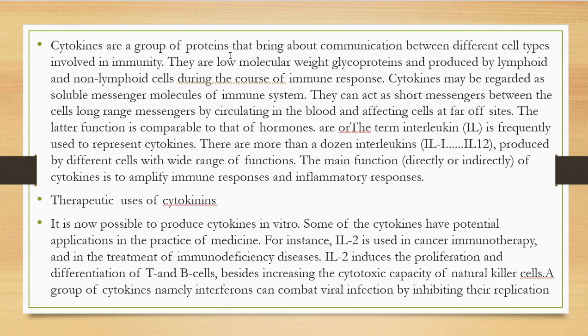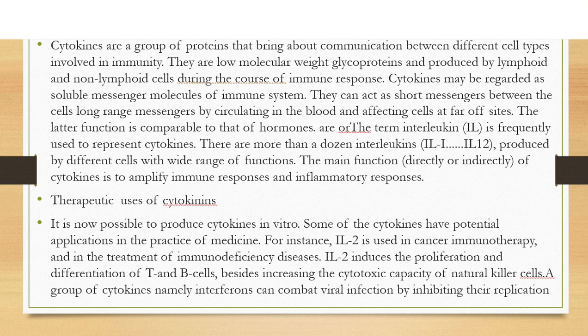Cytokines are a group of proteins that bring about communication between cell types involved in immunity. They are small proteins that act as messenger molecules between the immune cells. They regulate the immune as well as inflammatory responses. Important cytokines include the interleukins, interferons, tumor necrosis factors, as well as the chemokines. These molecules help coordinate the body's defense mechanism and are essential for effective immune responses.